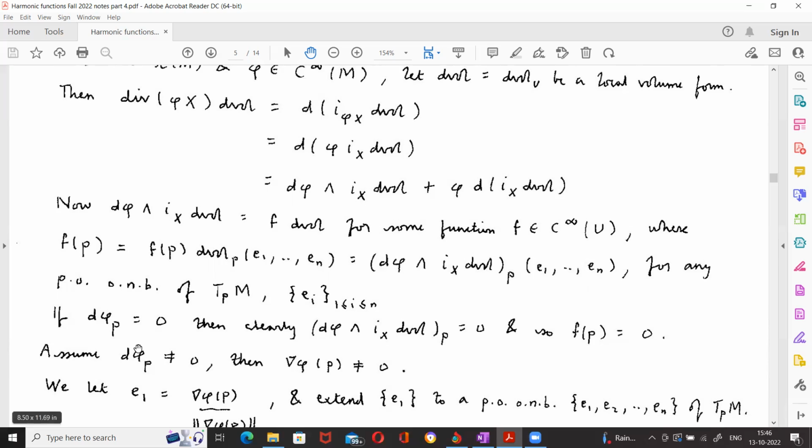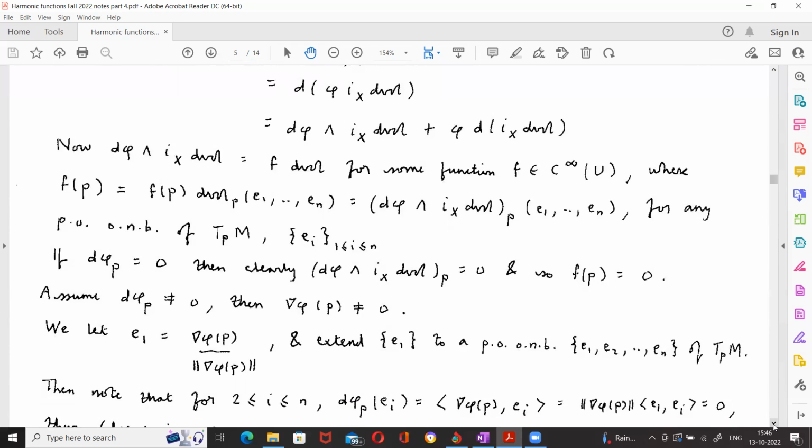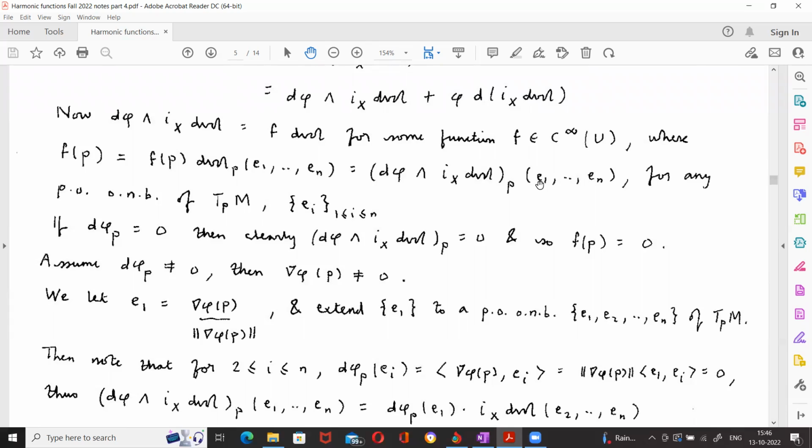Now, if d phi_p is equal to 0, then of course d phi wedge I_X dvol at p is equal to 0, and so f of p will be 0. So we can assume that d phi at p is non-zero. In that case, grad phi at p is also non-zero. Now we're going to choose this orthonormal basis e_i in a special way.